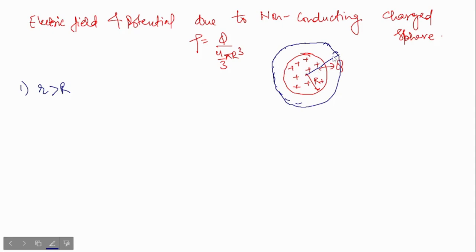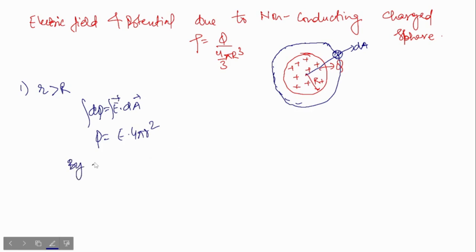Suppose this is area element dA. So flux passing through this will be d phi equals E dot dA. We'll integrate this: phi equals E times 4 pi r square. The angle between vector E and vector dA is actually 0, so cos 0. I'm writing it directly. I hope you understand.